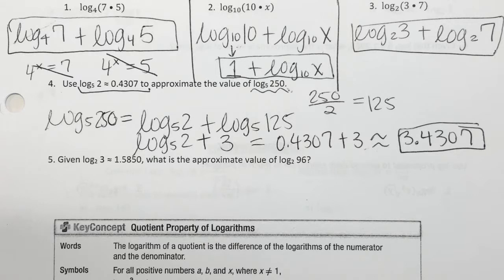I want you to try the next one on your own. You just took this and divided it by 2. So you're going to take this one and divide it by 3.